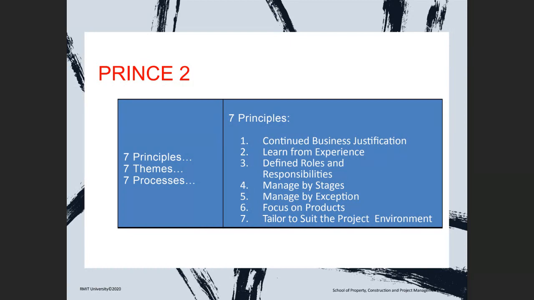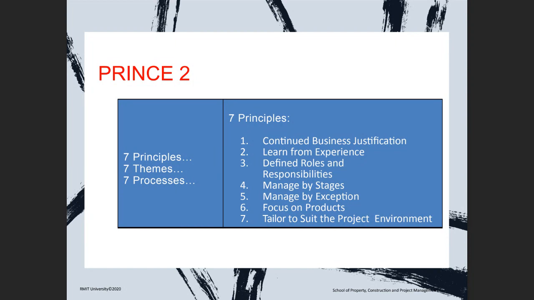If you've done something that is similar before, try to use the lessons learned there and apply them to the new project. You have to define the roles and responsibilities. Similarly to PMBOK, you have to define the roles and responsibilities of your human resources as well as your stakeholders as well. Another principle of Prince2 is to manage by stages. You will notice that in PMBOK with the milestones, you would have stages as well that you need to follow to complete the project.